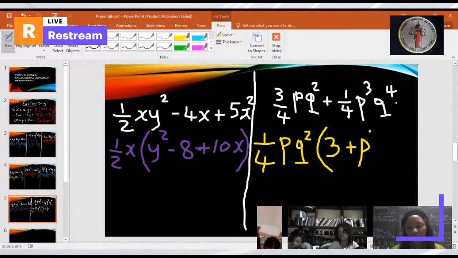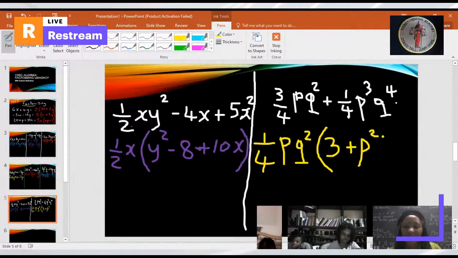And what about the Q? It would be Q squared as well. Why would it be Q squared? Because we're taking 2 Q's out of this one. All right, so we're left with Q squared.